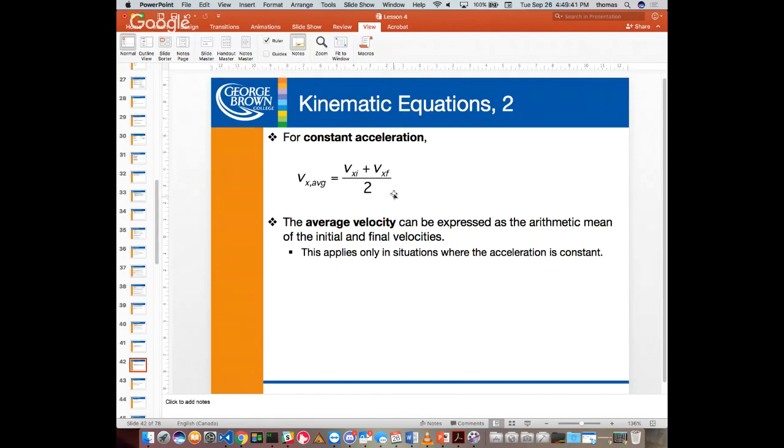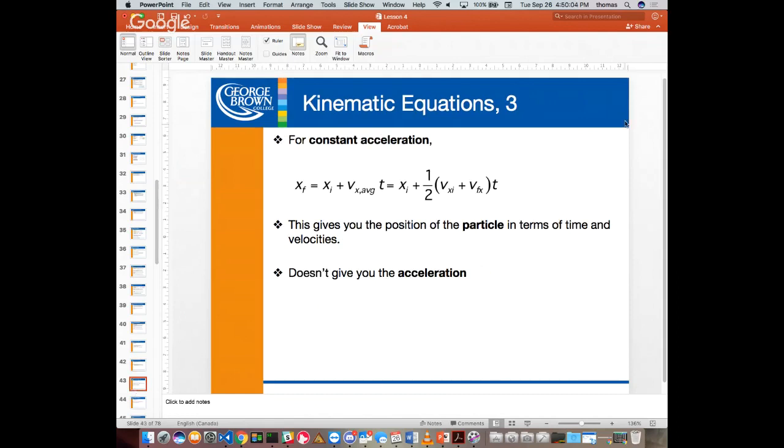Let's say, for example, my initial velocity was 3, and my final velocity was 5. So 3 plus 5 is 8, divided by 2. That means my average velocity is 4. That's all it is. Take your final velocity and your initial velocity, add them together, divide by 2, and that's your average velocity. Like any other average, very simple.